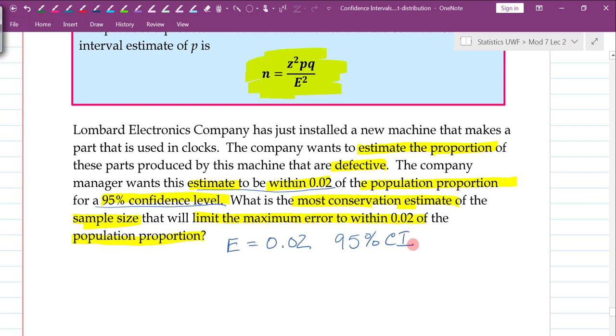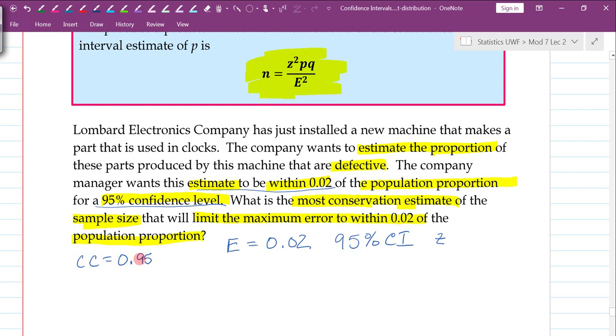That's our question. Because we're dealing with proportion, whenever we deal with proportion, we're going to be dealing with Z, okay? Now, our confidence coefficient is equal to 0.95, and I know that because we're looking for a 95% confidence interval.